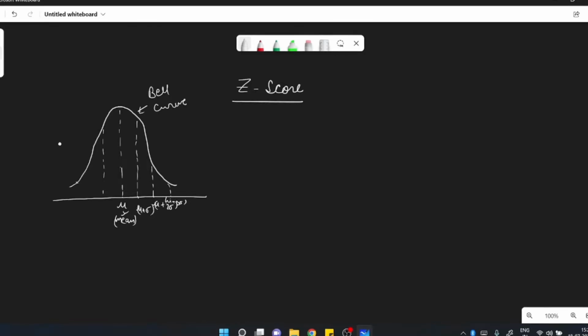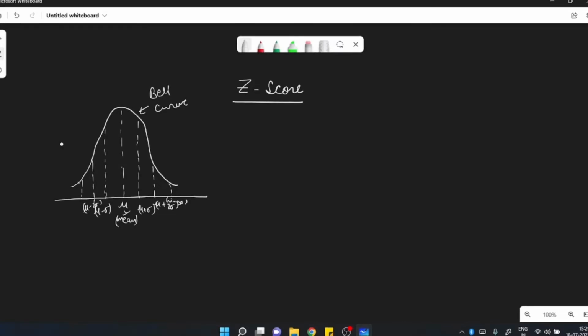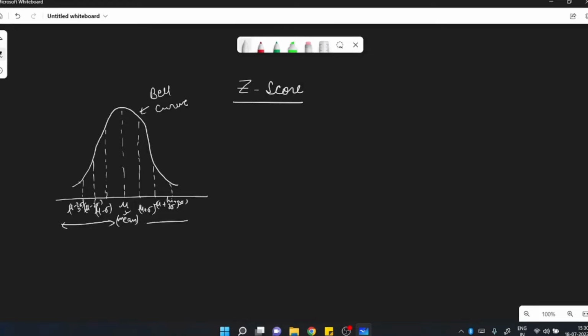Similarly, on the left side as well, it will be mu minus sigma. Again, one more step, it will be mu minus 2 sigma, guys, and if I move one more step, it will be mu minus 3 sigma. So this is in context to the left side, and this is the right side.